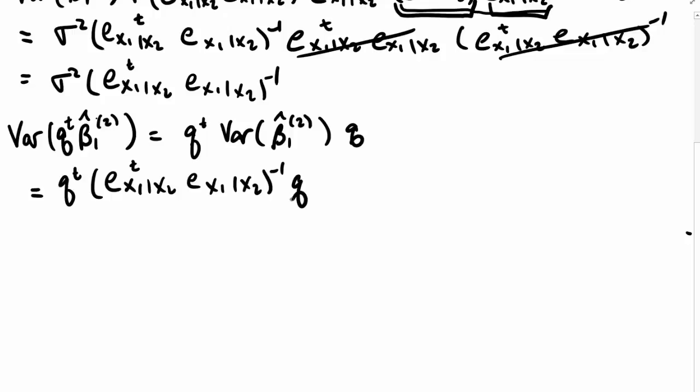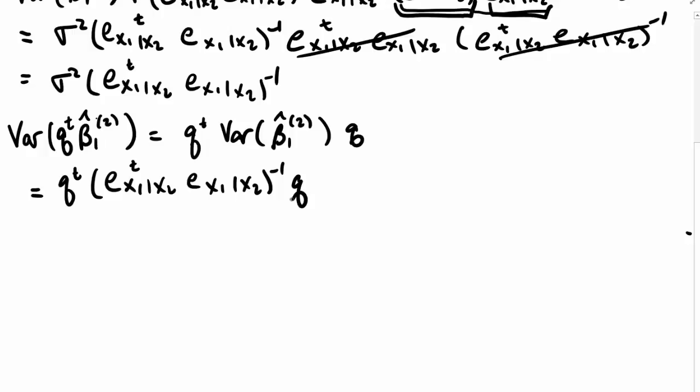It's interesting to note, by the way, that this X transpose X matrix is basically just the variance matrix of our design matrix. It's off by a factor, but it's basically that variance.